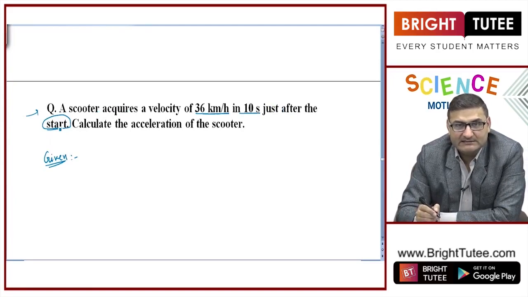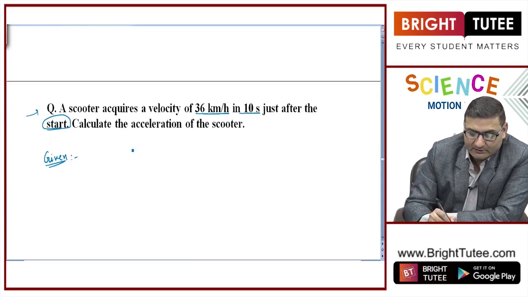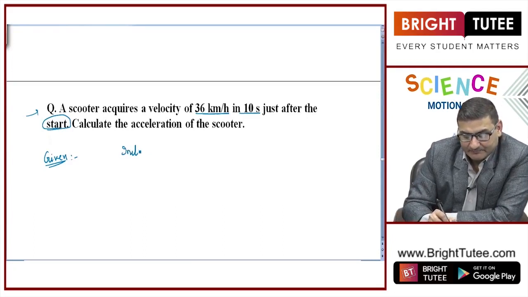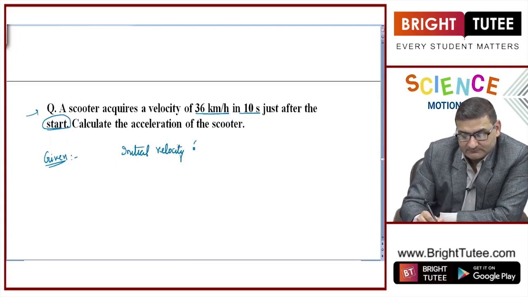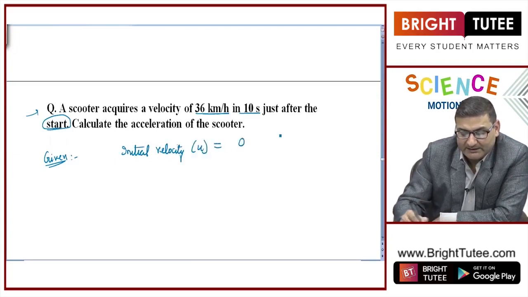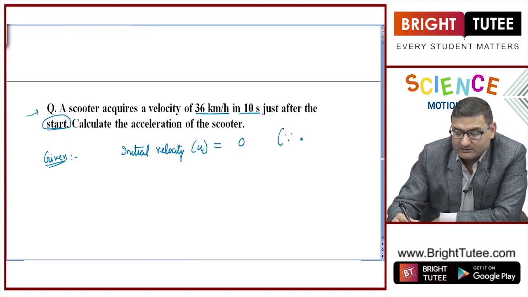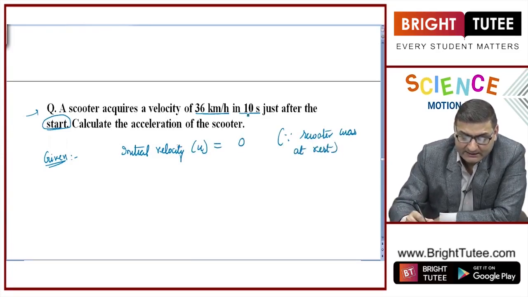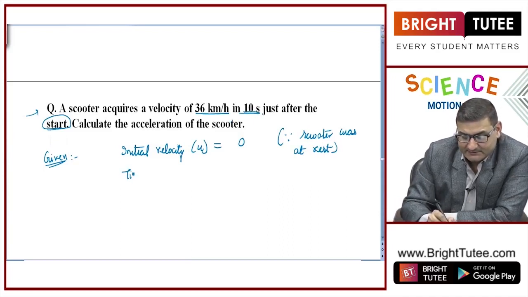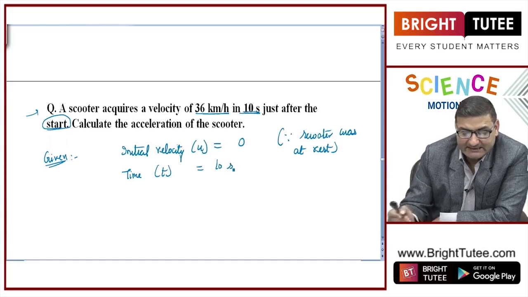Just after the start means initially it was in a state of rest, and if it is at rest, then I will take initial velocity u to be 0, because the scooter was at rest. And in 10 seconds, that means time t is given to be 10 seconds.